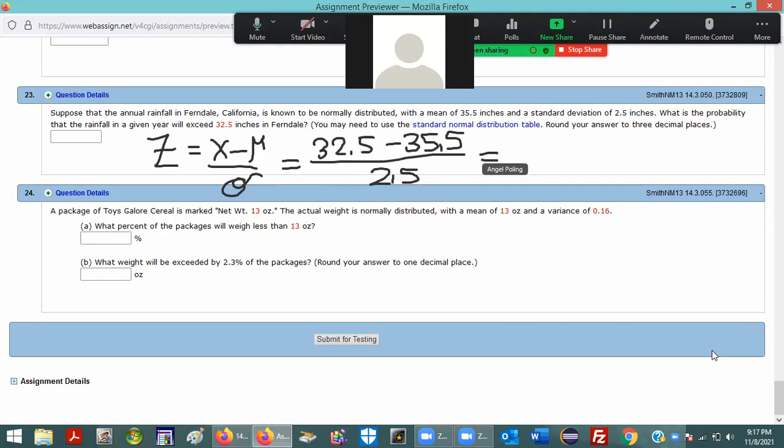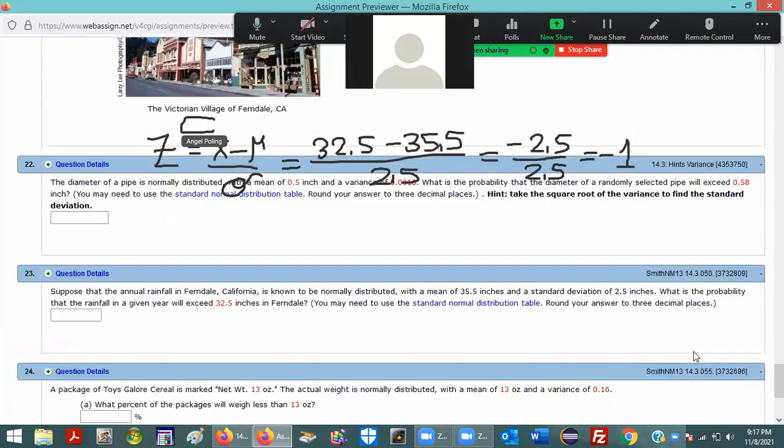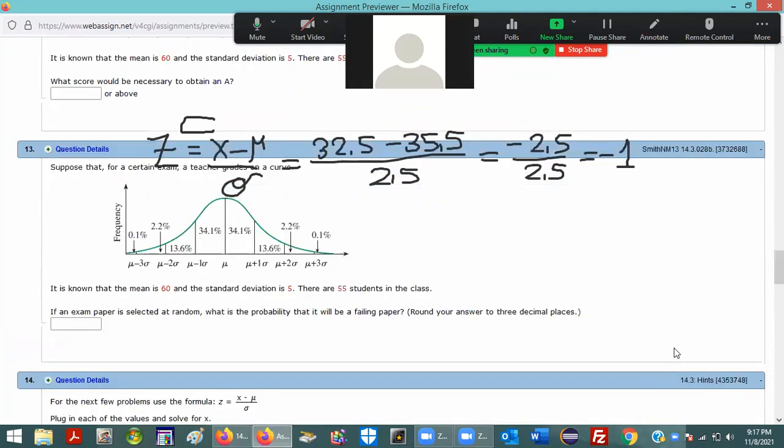This time we have negative 2.5 over 2.5, which is a z-score of -1. They still want to know about what the exceeding this is, right? So if we go back up to one of our charts, we can see that the below the mean by 1 standard deviation is this line here.